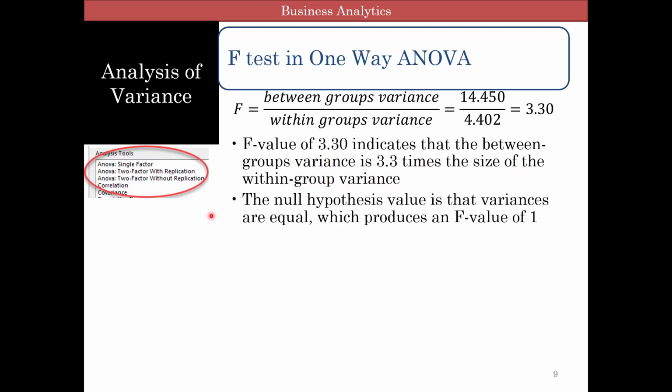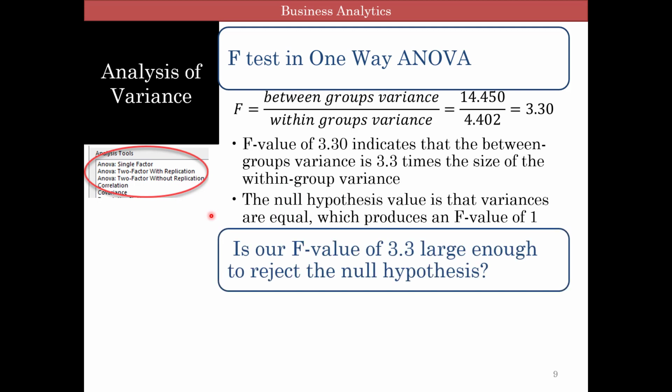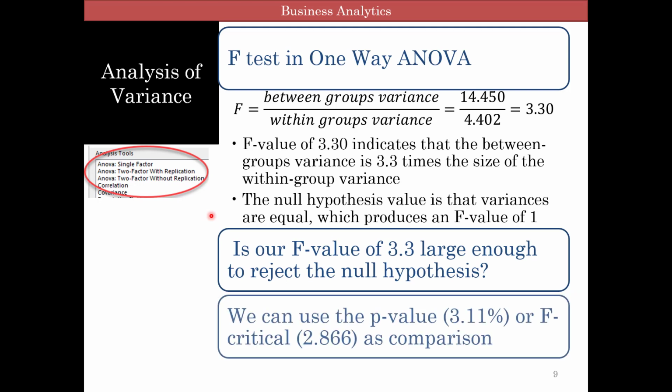And null hypothesis is that the variances are equal, and therefore is 3.3 large enough to reject the null hypothesis? Well, we can compare this 3.3 to the F critical, which was 2.866. Yep, it is large enough. Or use the p-value, which is 3.11%, which is less than alpha, and say, yes, it's different, right?